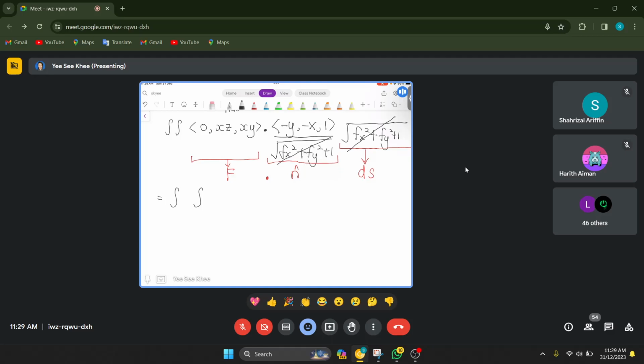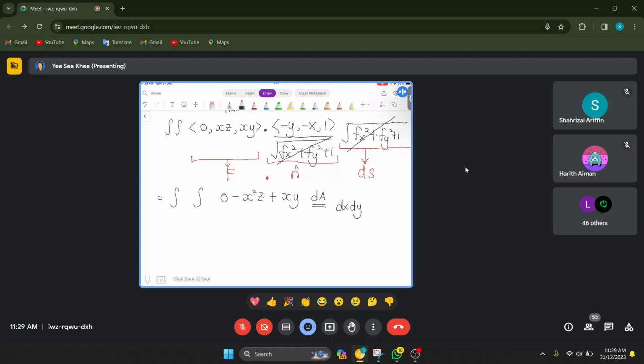For this one you can do the dot product. For the dot product you will get a scalar. For the first term, 0 multiplied by negative y, you get 0, and minus x squared z, and plus xy. And here is the dA. Remember this dA is for you to define a dx dy or dy dx.